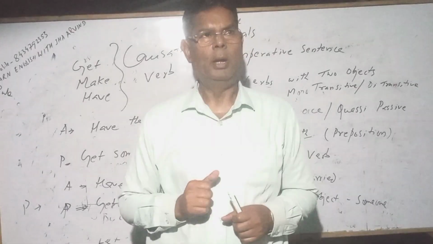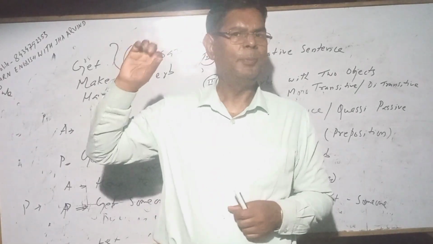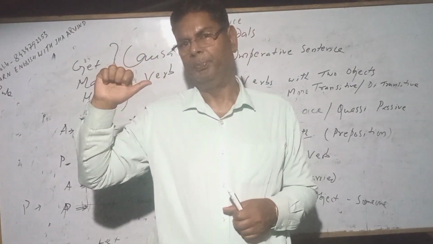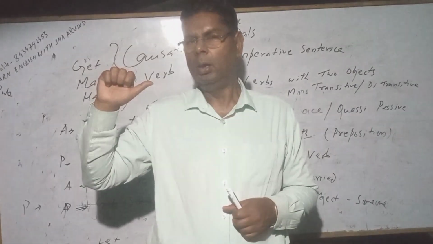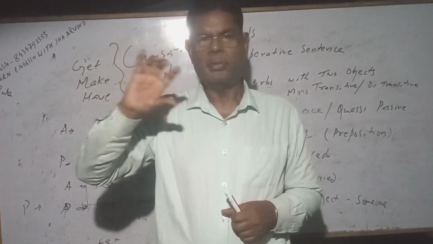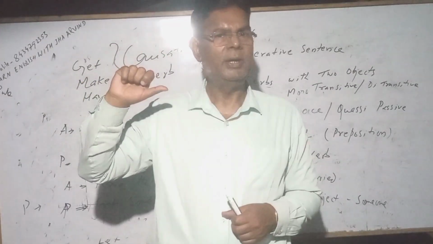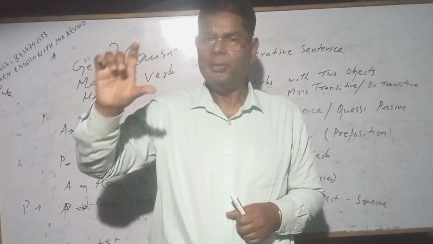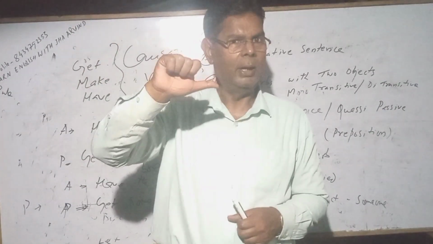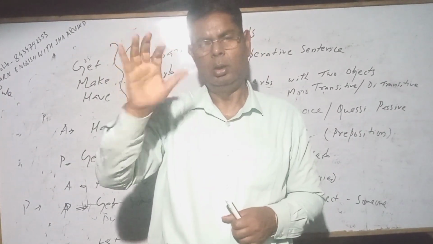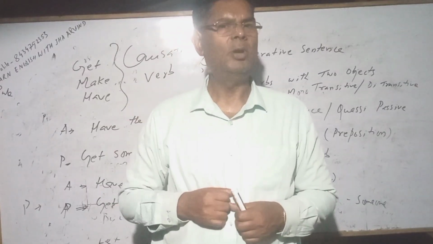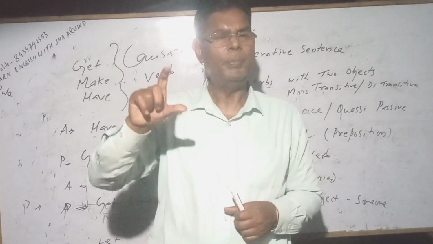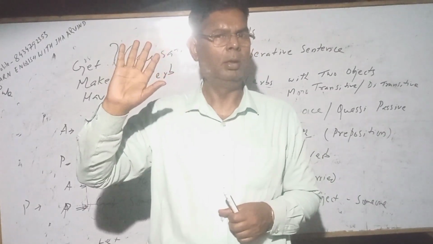For example, people speak English in America. The sentence is simple present tense, so it will be: English is spoken in America, not used by people. Someone has stolen my pen. My pen has been stolen.